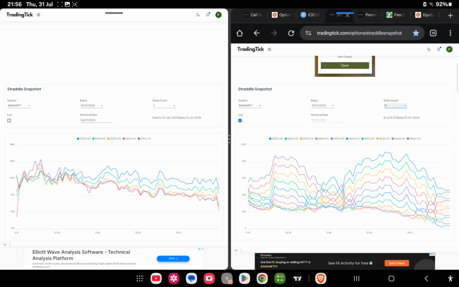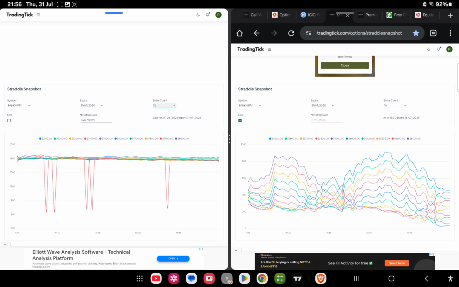I'll take 10 strikes, because sometimes Bank Nifty's performance is very good. So I'll take off this one. Now we get 50. So 56400.